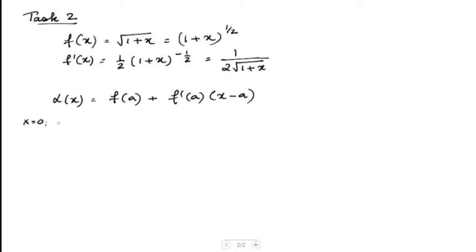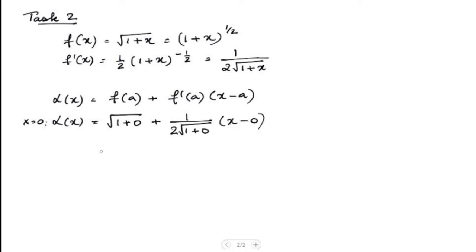So L(x) will be equal to f of a. Maybe I'll not write it as f of a here, but I'll try to write the whole function. So we have root 1 plus 0, plus we have f dash a, which is 1 over 2 root 1 plus 0 times x minus 0.